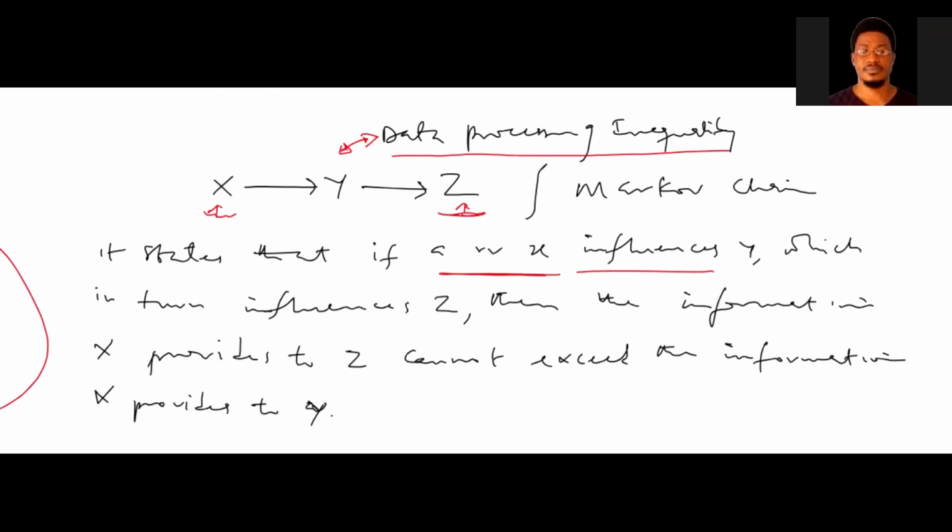It states that if a random variable X influences Y, which in turn influences Z, meaning X does not influence Z directly.